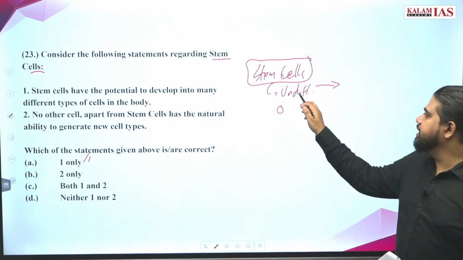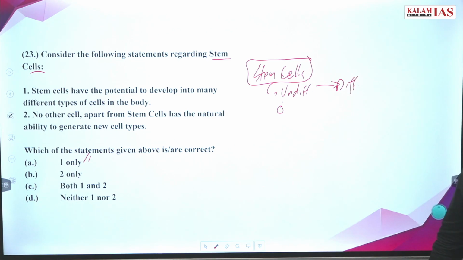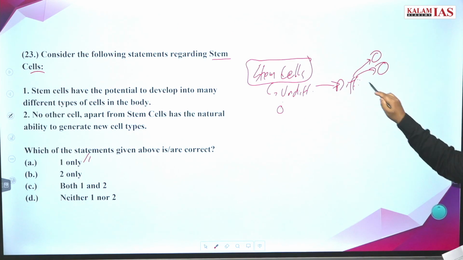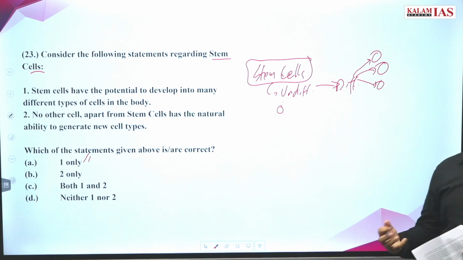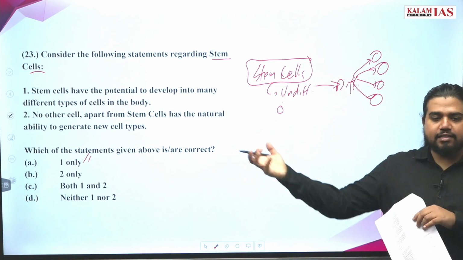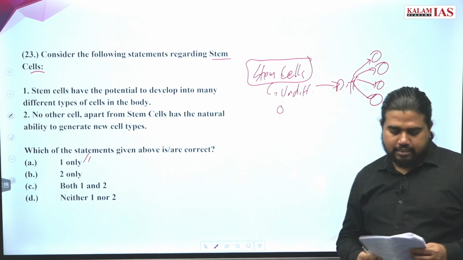So these are undifferentiated cells which have the ability to differentiate into any different organ in the body. A stem cell can become a part of heart tissue, kidney, liver, skin, or any other tissue in the human body. These kinds of cells are called stem cells.